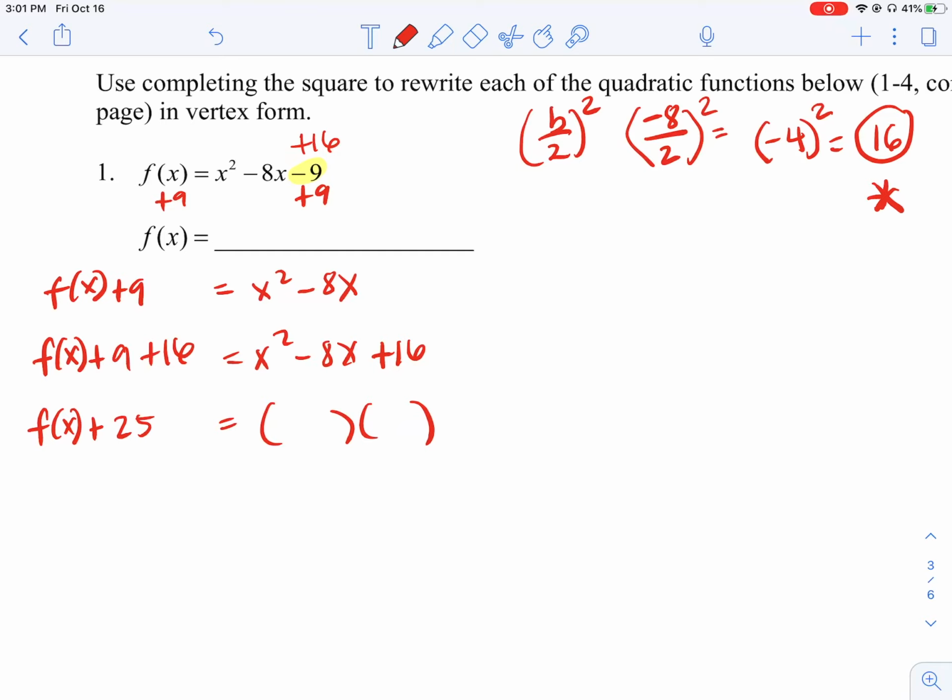Very easy. Because this is a perfect square trinomial, the first factor is the same as the other one. So that is an x minus 4. Does that make sense? They're the same, so we can just write them one time. So let's write that one time: plus 25 equals x minus 4 squared.